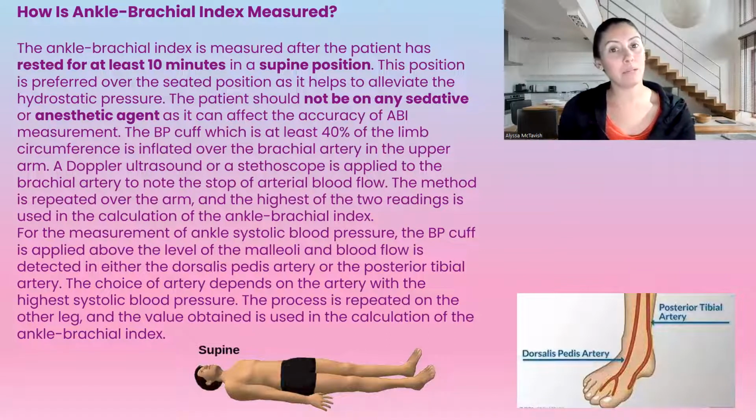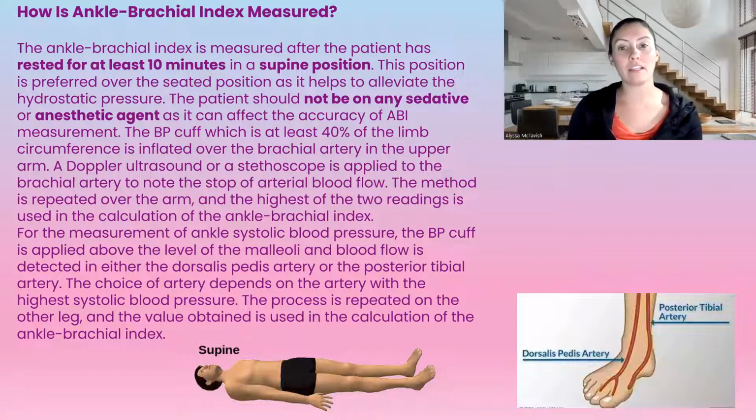We want to make sure that the blood pressure cuff is appropriate for the limb, so at least 40% of the limb circumference is inflated. We're going to use a Doppler ultrasound, which allows us to hear really well. We pump it up until we lose sound, when that artery is cut off, and then go up 20 points on the blood pressure monitor, and then we start releasing.